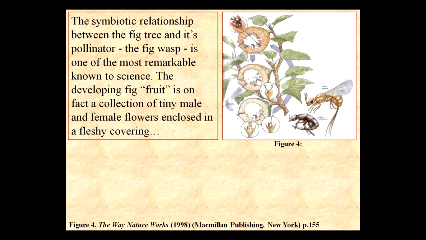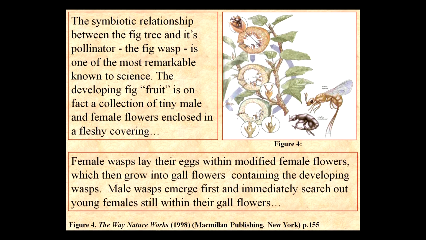Okay, we start with a fleshy covering, and that fig that you eat started as just a bunch of flowers. Male and female, all intertwined together. But they can't self-pollinate. All right, watch what happens.